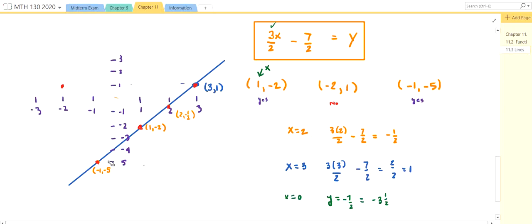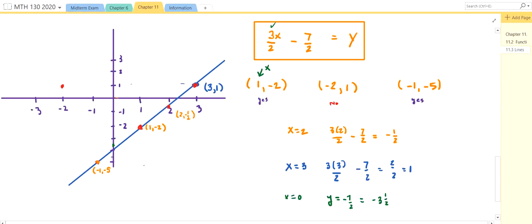So let's see if we can't fix that. Let's go back here. It's going to be hard to fix, actually. I'm not going to be able to accurately do that.